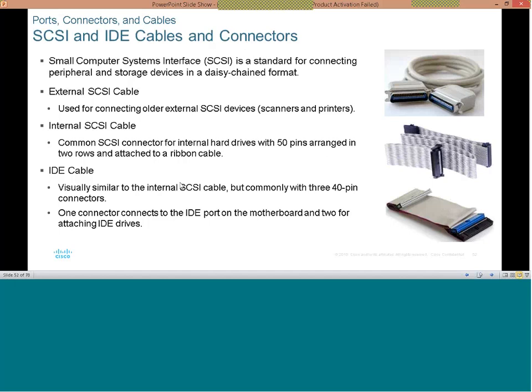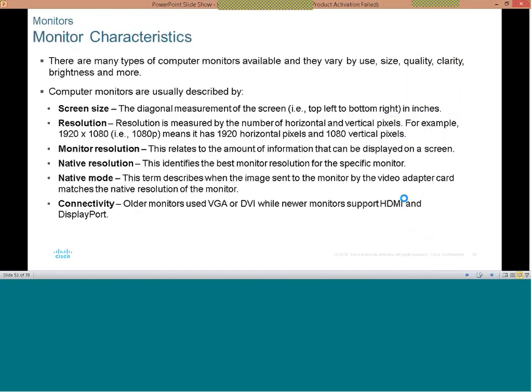One connector connects to the IDE port on the motherboard, and two are for attaching the IDE drives. If you look at this critically, this is one, and these two can be connected to two different IDE drives, and they can all work independently. But that is a legacy kind of cable connector.